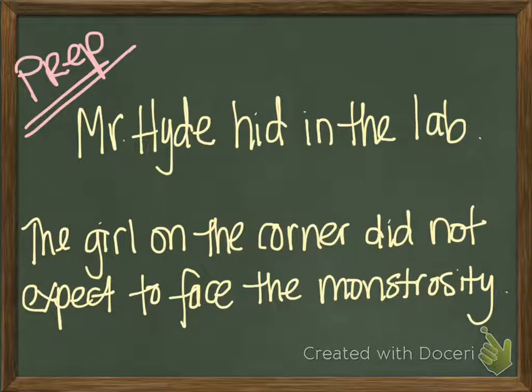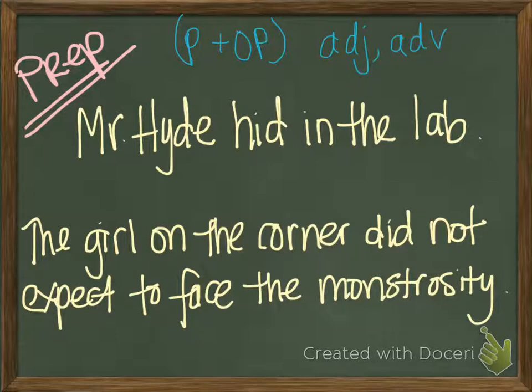Prep phrases start with a preposition and they end with an object of the preposition. And these are modifiers, so they can be adjectival or adverbial. The first example says Mr. Hyde hid in the lab. It's always important to find your subject and your verb first. Mr. Hyde hid.